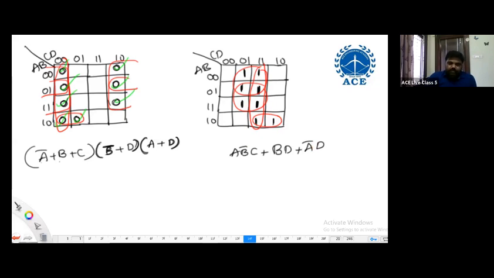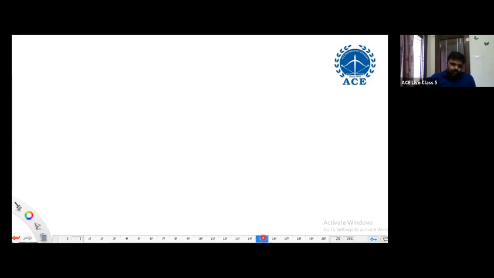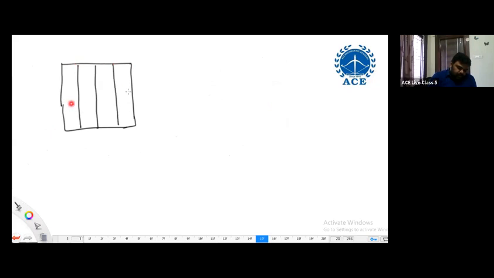Moving to next slide. Simple. Covering all the max terms with the minimum complexity.